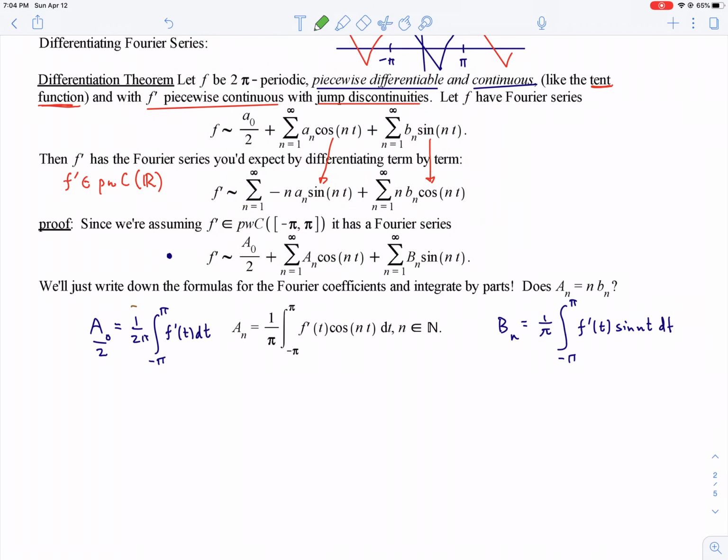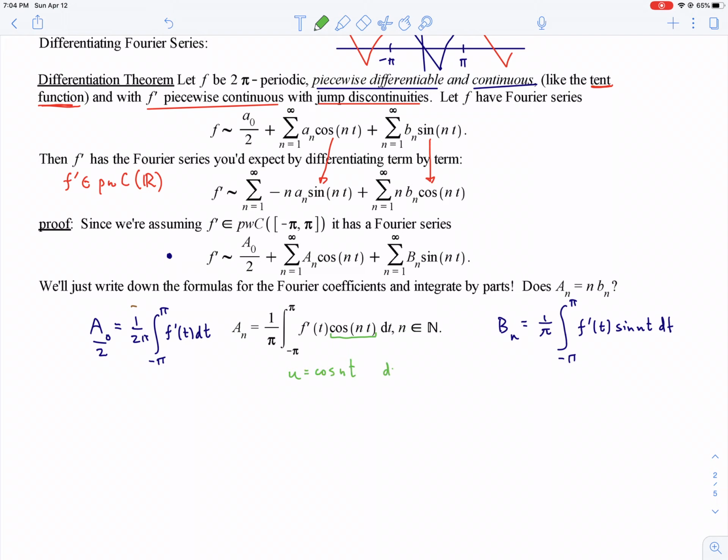So what I'm going to do is integrate by parts, and you can see I'm probably going to end up getting Fourier coefficients for f. So my u will be cosine nt.